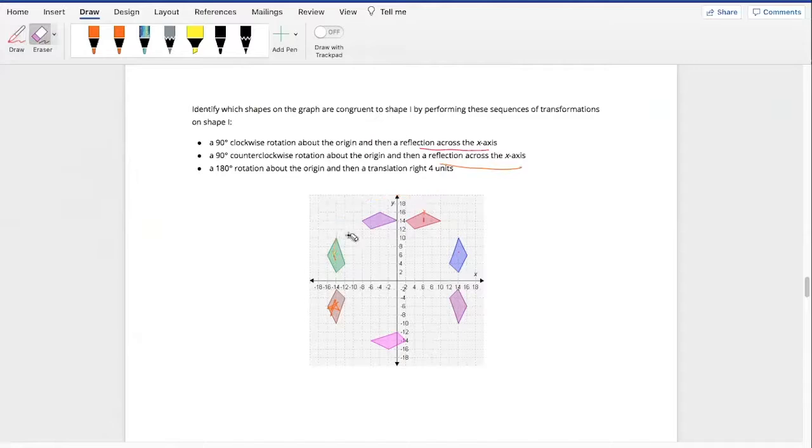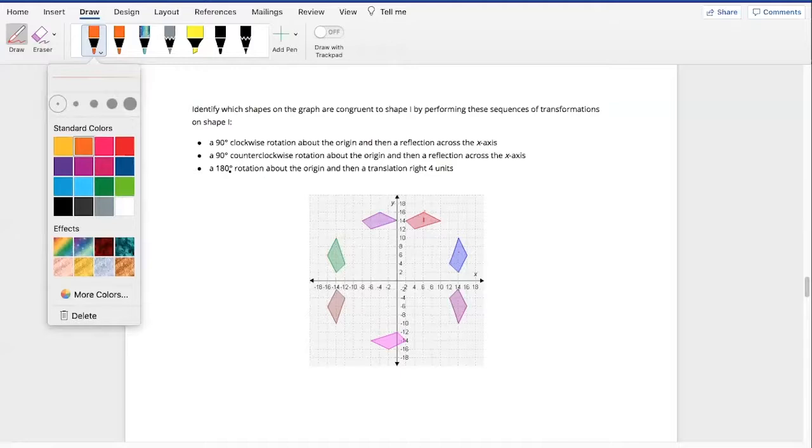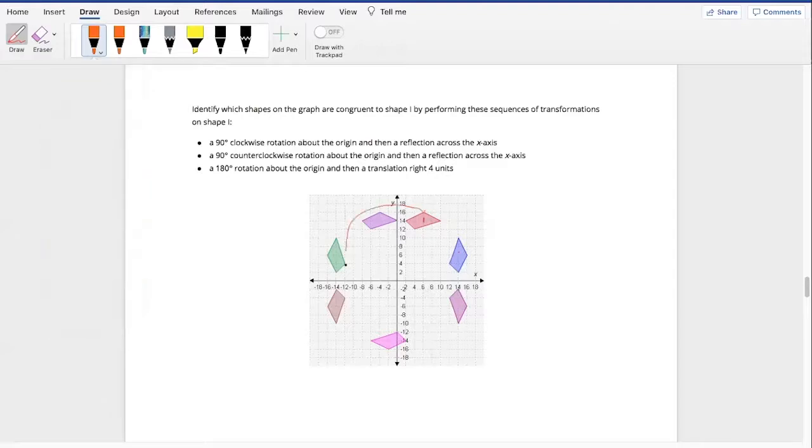All right, and then our last one says 180 around the origin. So 180 is going to put me kind of over here. Remember, we talked about how that's like a half a circle, but then a translation to the right.